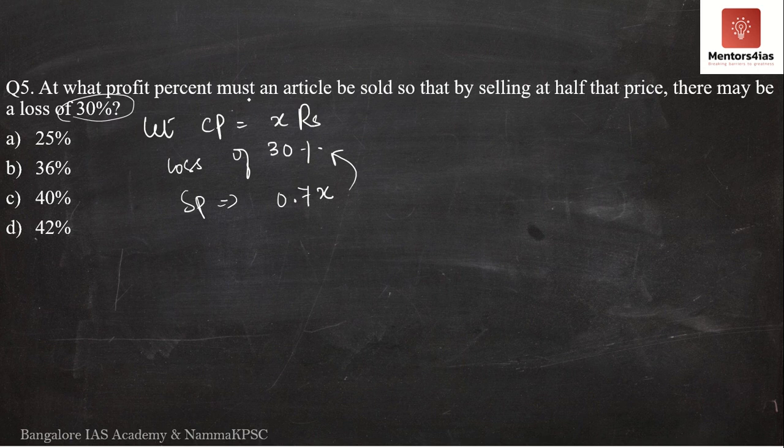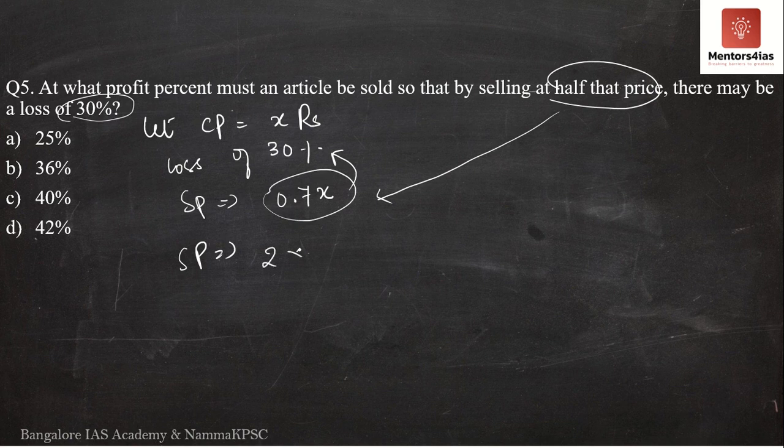So half that price is 0.7x. So in order to determine that profit, what should be the selling price? It is twice of this selling price. So we take 2 into 0.7x, which is equal to 1.4x.